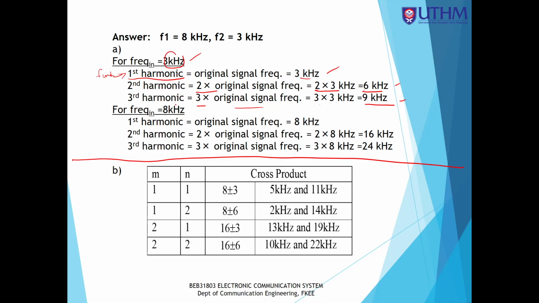What about the 8 kilohertz frequency? It also produces harmonics. The first order harmonic, or the fundamental, is equal to 8. Second order, 2 times the original frequency, 2 times 8, so we get 16. Third order, 3 times 8, so you get 24 kilohertz.